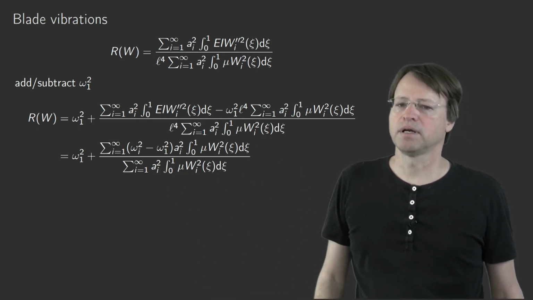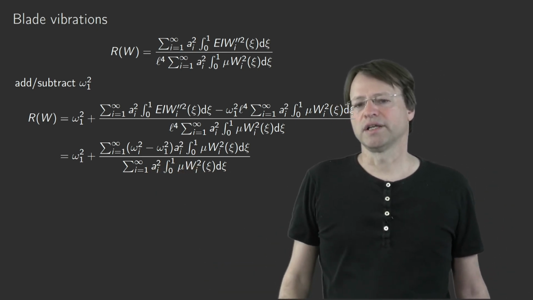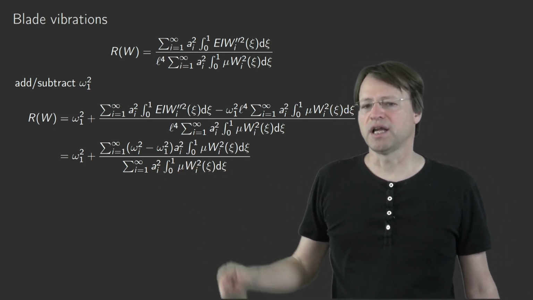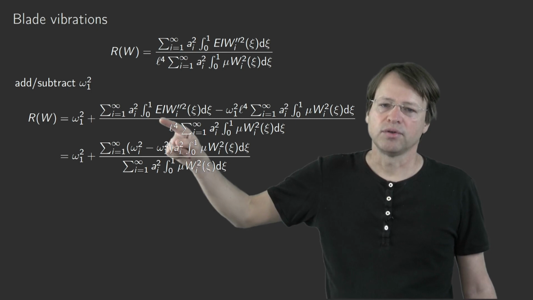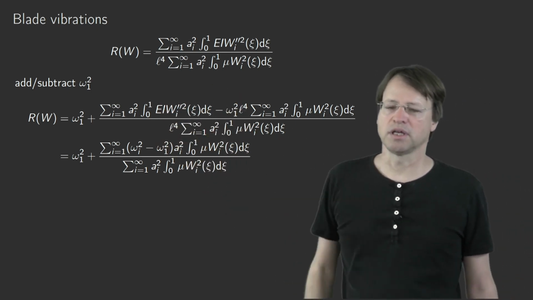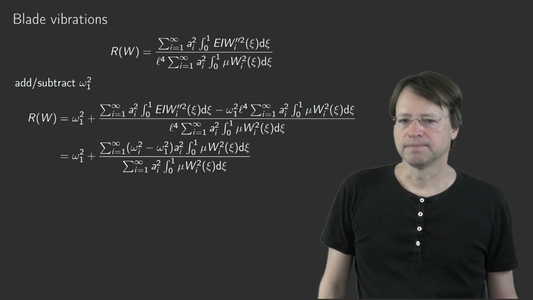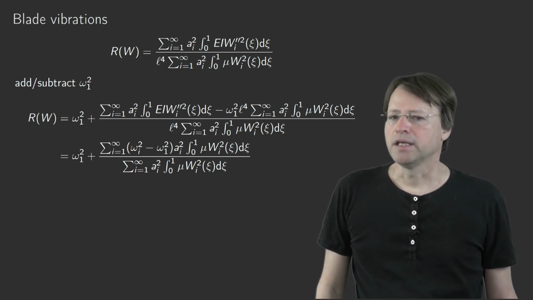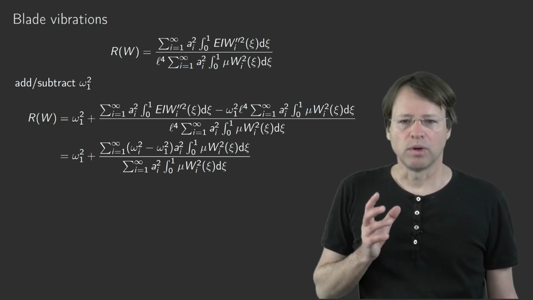And I divide by the sum running from i equal 1 to infinity of A_i squared, integral from 0 to 1 of μ W_i squared dψ. So that you can switch from potential to kinetic energy is done with the same argument as before, the energy conservation here.